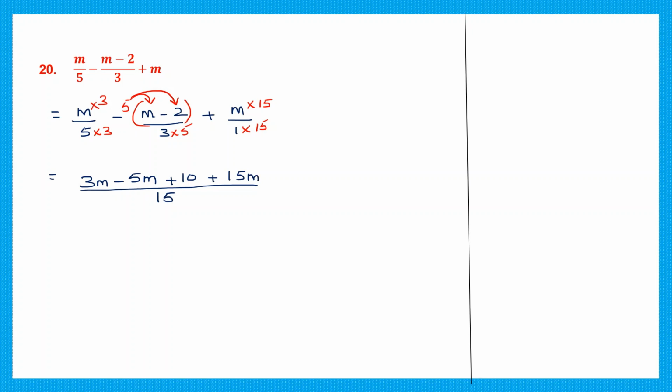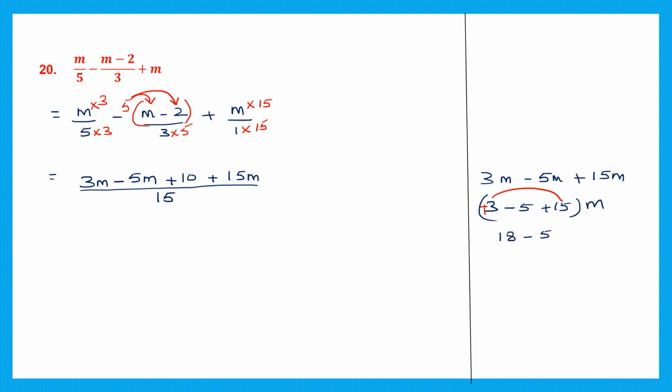So let's look at all the m's. We have 3m minus 5m plus 15m. Let's take it to the working column. So 3m minus 5m plus 15m. Take only the numbers 3 minus 5 plus 15, and this is all m. So here we can add up the numbers with a plus sign. So 3 plus 15 is 18.